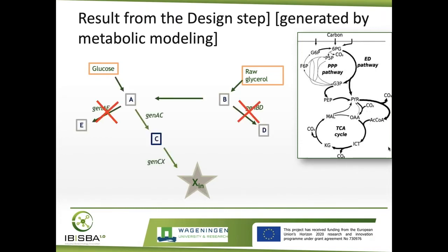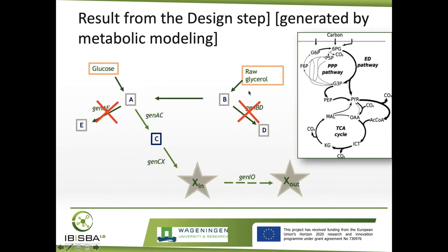I just did this quickly because I want to show that we have two materials. These are native pathways that I showed in the previous slide, and our designs tell us that if we want to have a product X, we do need to have knockouts of gene A and E, because if you want to direct it here, we cannot let it go that way.